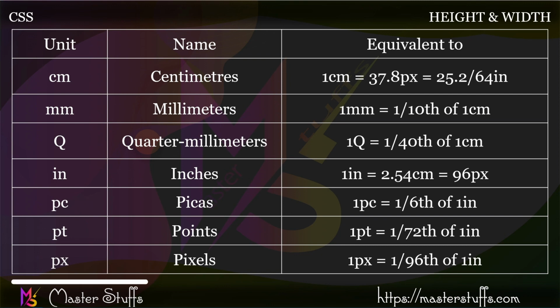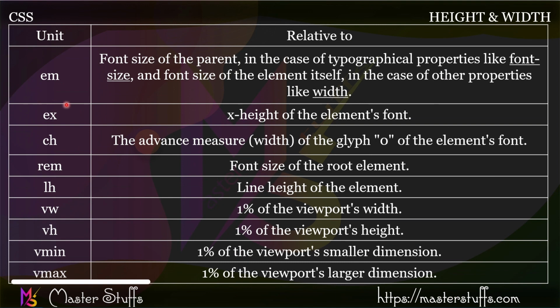Except these, there are also more units. Let's see this. As you can see here, the unit is em. Em means emphasize. It is used for text only. Then ex, used for the x-height of the font. Then ch is for character. These three are used mostly by developers, but you can use rem, root emphasize element, and lh, which means line height.